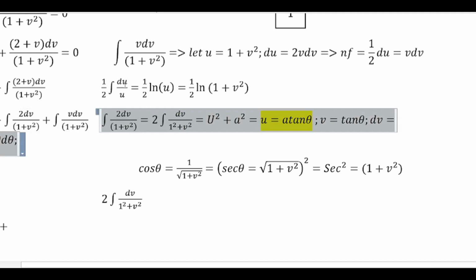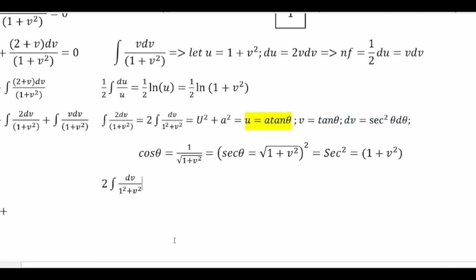And then we're just gonna lower it. There. So now that we have sec squared theta d theta, that will be substituted over here. dv, because dv once again is this one. So we're just substituting there.